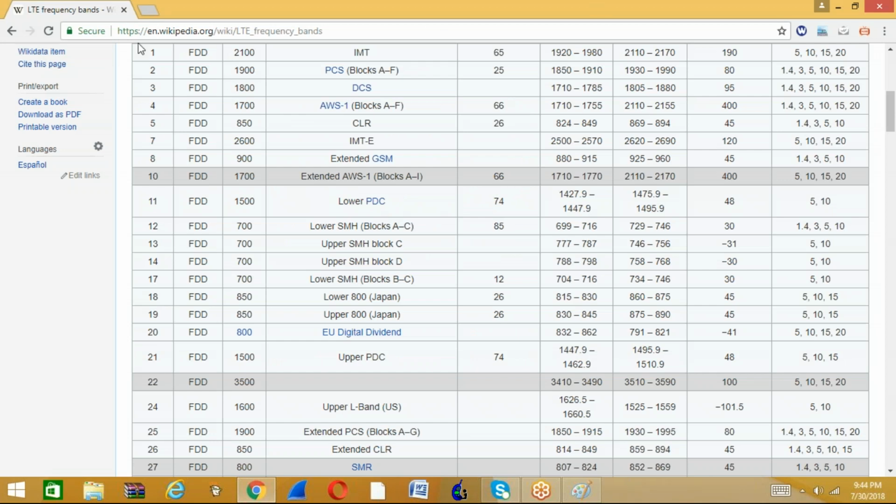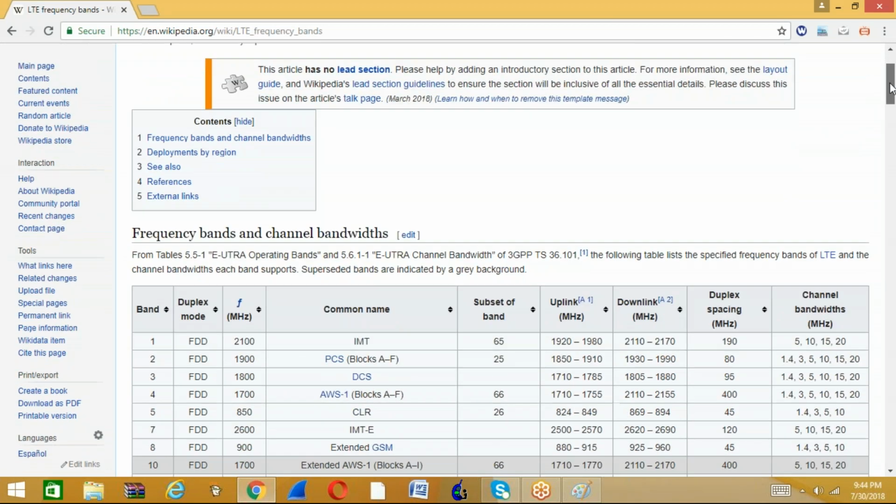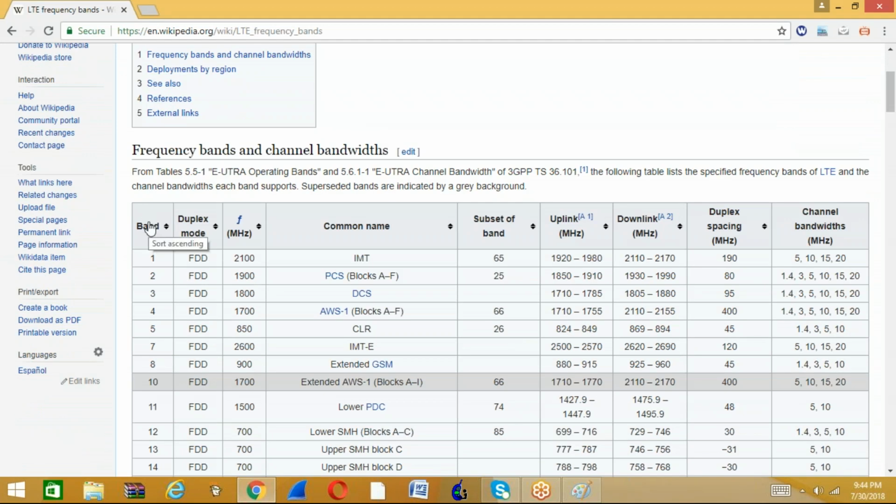If you see here, there is the band, the duplex mode, FDD or TDD, the frequency range, and in which region it is used, America, Australia, whatever it is. What is its uplink frequency, its downlink frequency, its duplex distance, and what all its bandwidths. I'll discuss all these things.